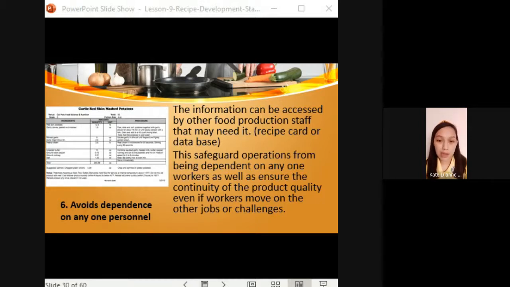So, unlike sa mga production na naka-post na or may sinusunod sila na standardized recipe, lahat sila alam yung gagawin or lahat sila makakagawa nung recipe na yon since these are posted or ang lahat ng nasa production is alam yung standardized recipe. Next, sir.